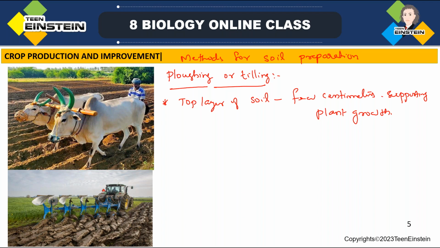Here you can see this is plowing, and only a few centimeters of the top layer supports plant growth. That top layer of soil, we are turning and loosening. So that top layer we are preparing for cultivation.